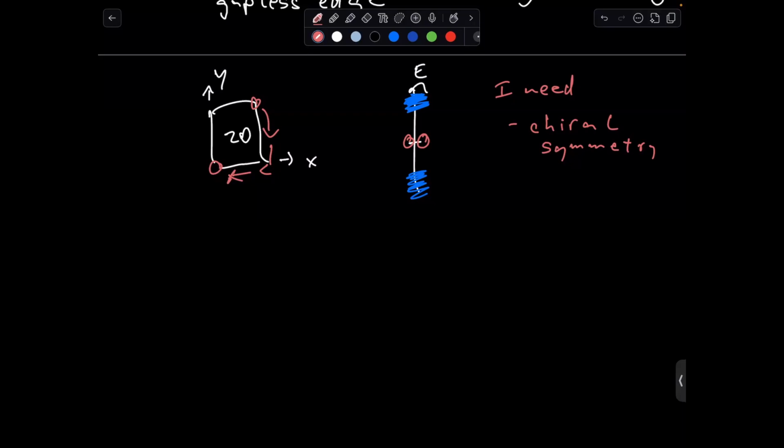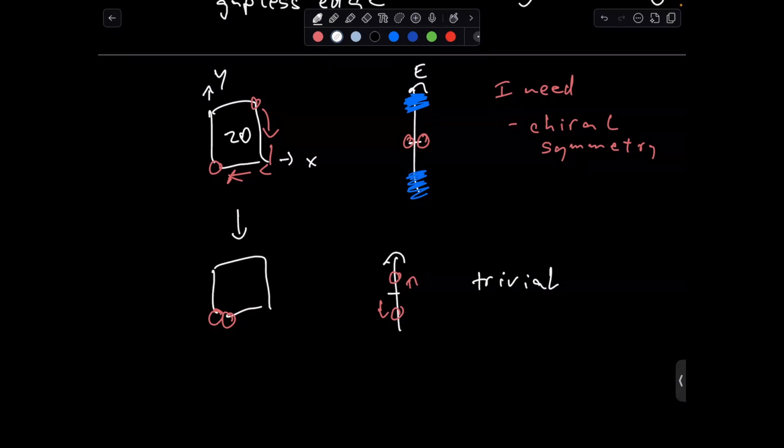So if I have both of them over here, in that situation, then I have a spectrum where I could gap them out like this. So that would be trivial. Meaning that I cannot only have chiral symmetry.